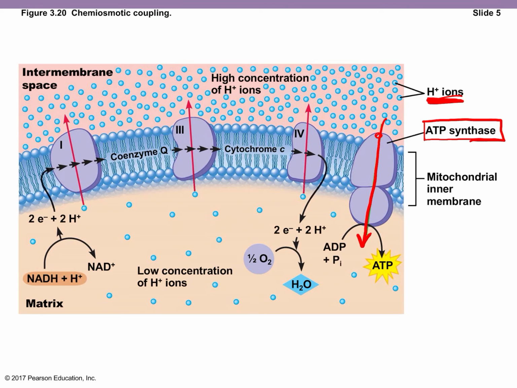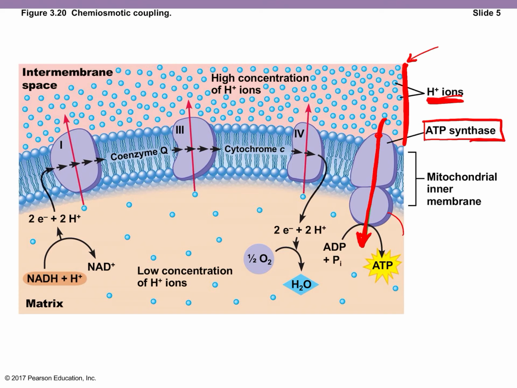So there's a lot of potential energy stored in this concentration gradient, right? It takes work to create a high concentration of protons. If you allow them to run down their concentration gradient, this is going to release that potential energy.